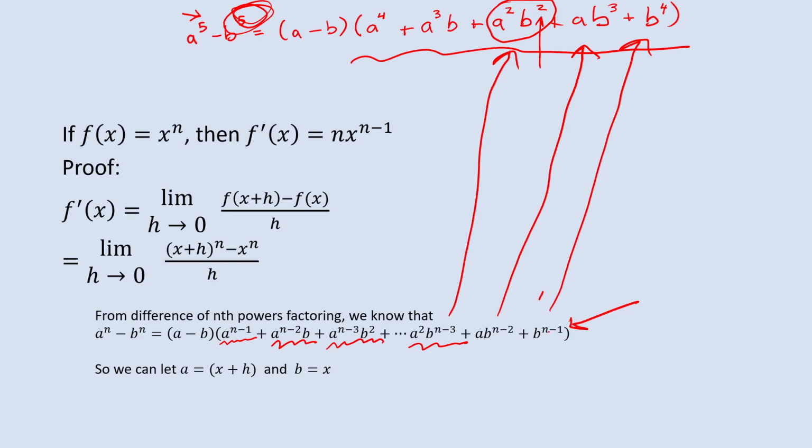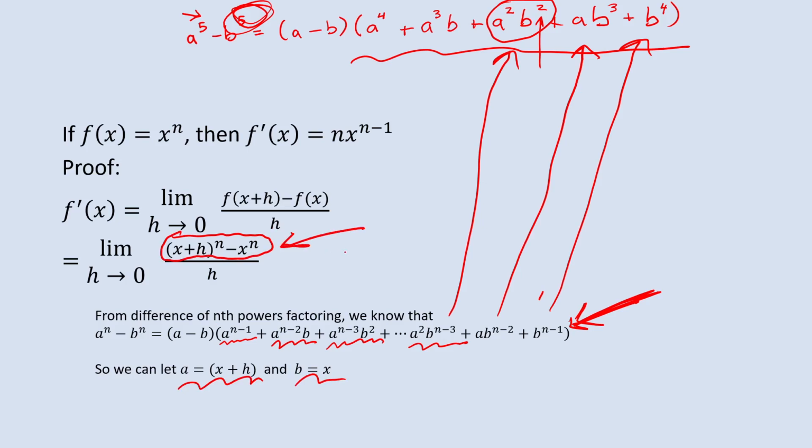Now, in our case, that's what a to the n minus b to the n is. A to the n minus b to the n is this long thing we've written here. Well, in our case, our a is x plus h, and our b is x. If you look here, that's what a and b are.